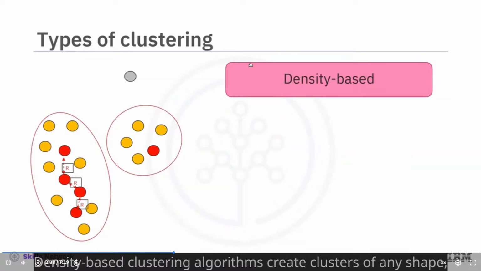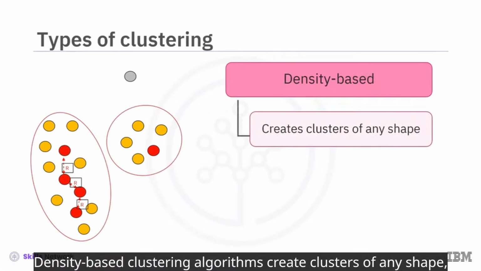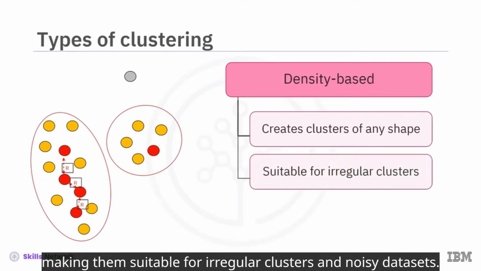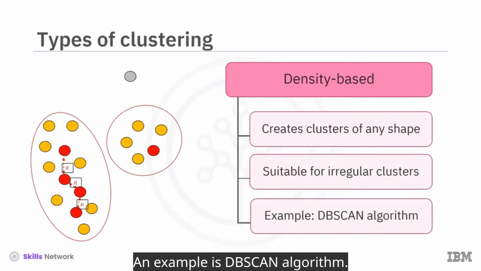Density-based clustering algorithms create clusters of any shape, making them suitable for irregular clusters and noisy datasets. An example is the DBSCAN algorithm.